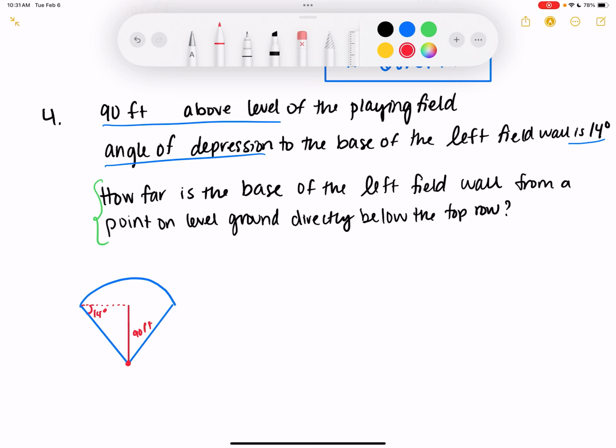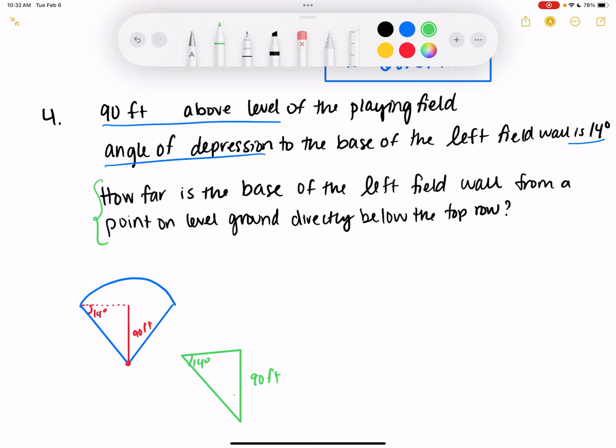So this was what it would actually look like, basically. I'm going to basically pull this triangle out of here for the sake of looking at it. So this angle here is 14 degrees, 90 feet here.